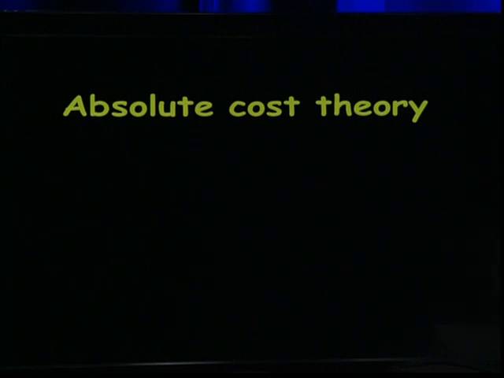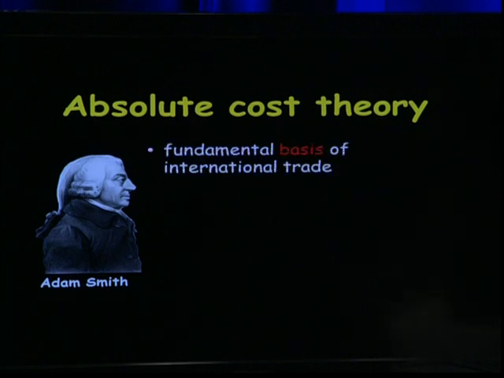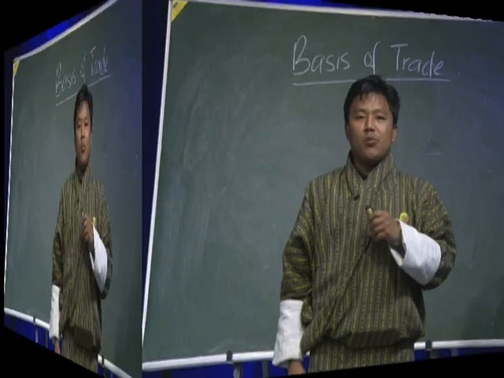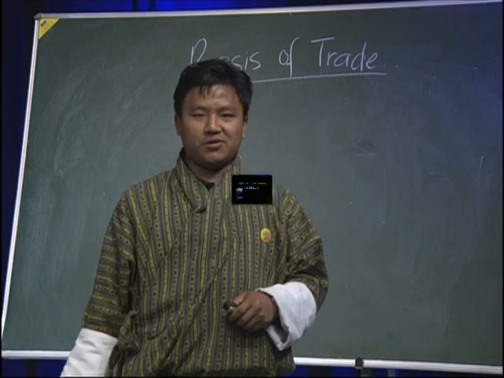According to Adam Smith, the fundamental basis of international trade is the difference in absolute cost. One more time, the difference in absolute cost. Now my question is, what is meant by absolute cost?